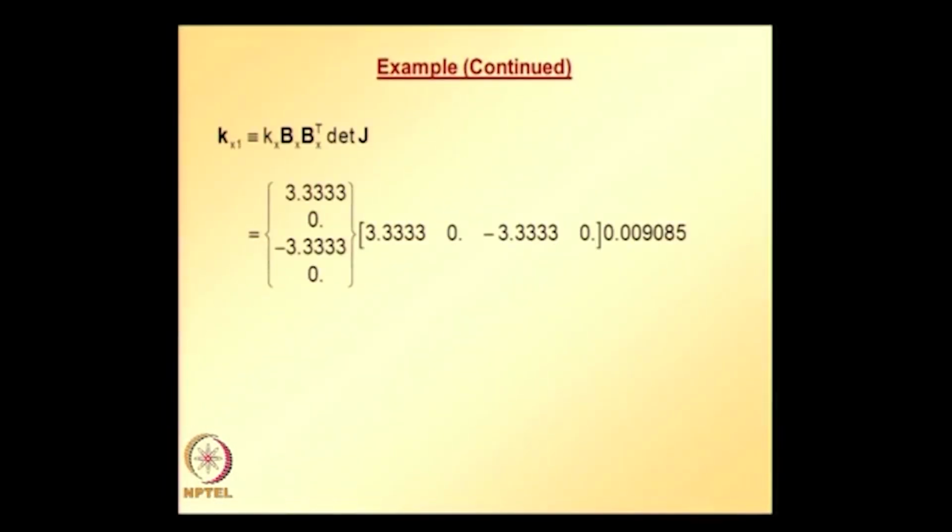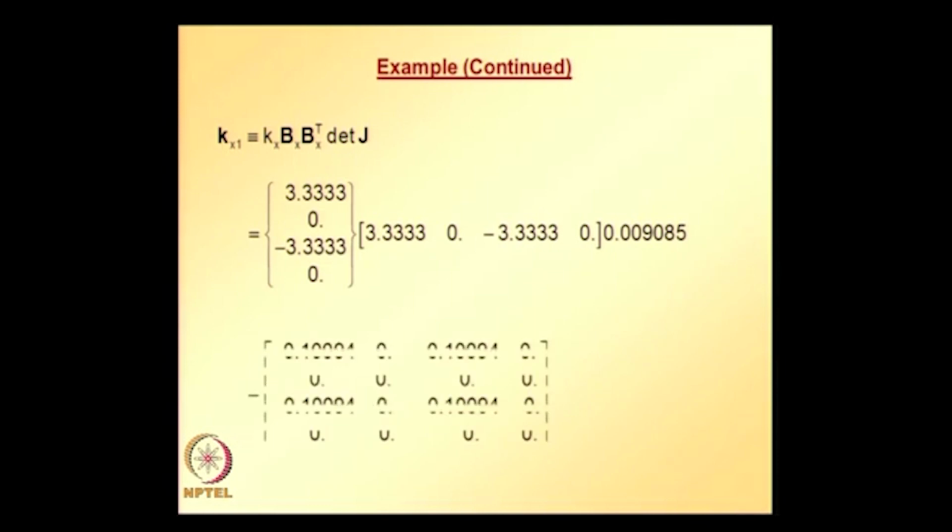Substituting the Bx vector, Kx which is constant and equal to 1, and the determinant of J, we can evaluate the contribution that comes from the first integration point to the matrix Kx. So, carrying out the vector multiplication, we get this matrix.